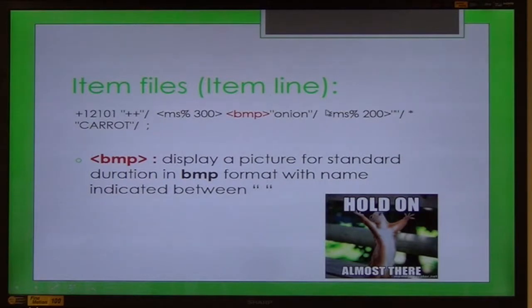And then after that, 2:, and between the colon, you will write the picture file name. So that means you are telling the software to present in this frame a picture called onion for 300 milliseconds. So just remember, you use BMP command for presenting a picture.